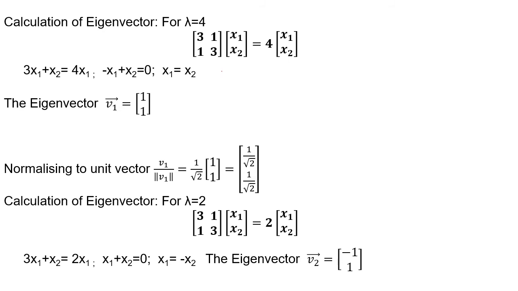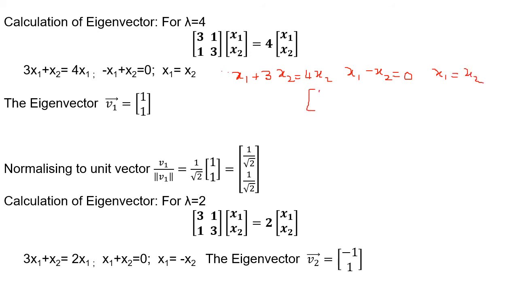Even using the second row of matrix A, we get x1 plus 3x2 equal to 4x2, which gives me x1 minus x2 equal to 0, that is x1 equals x2.